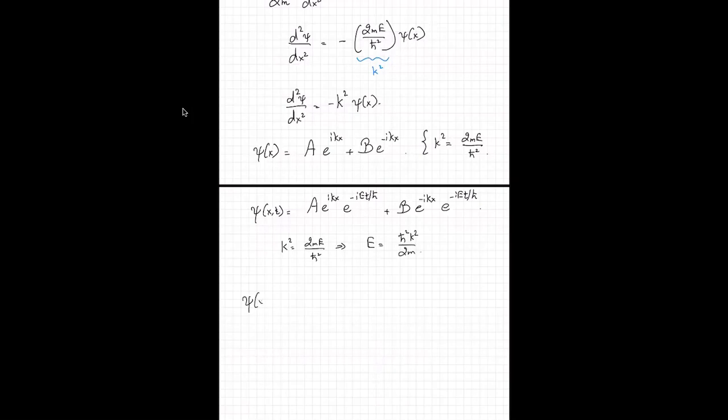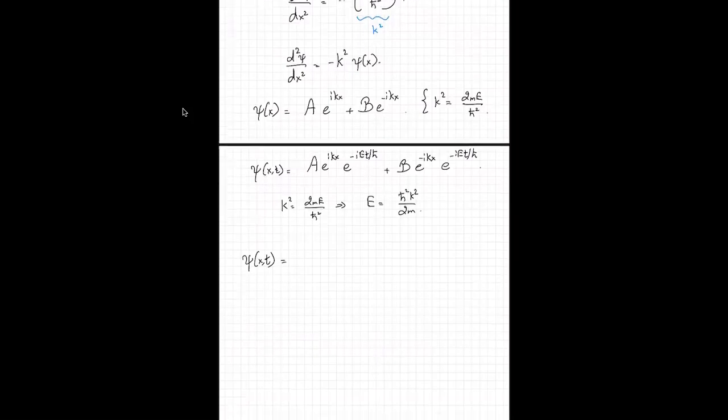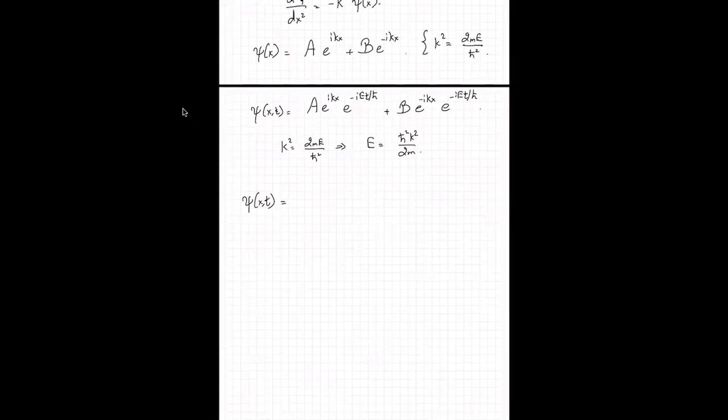So my psi of x comma t for the free particle is, when all is said and done, A e to the ik times (x minus h bar k over 2m times t) plus B e to the minus ik times (x plus h bar k over 2m times t). Okay.